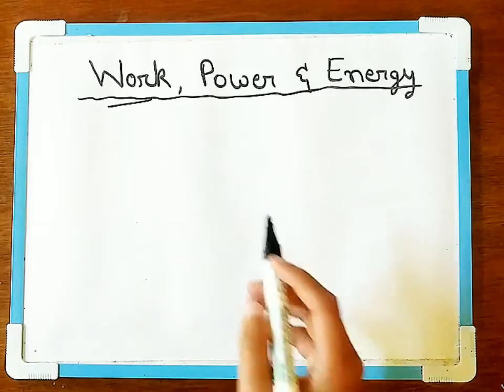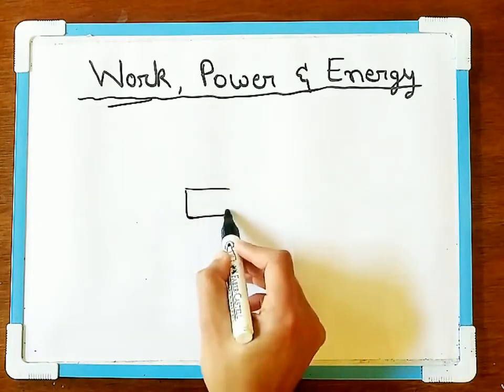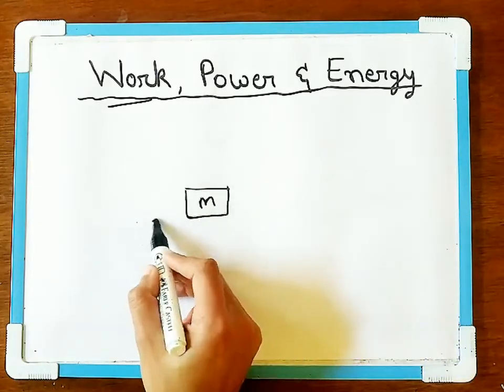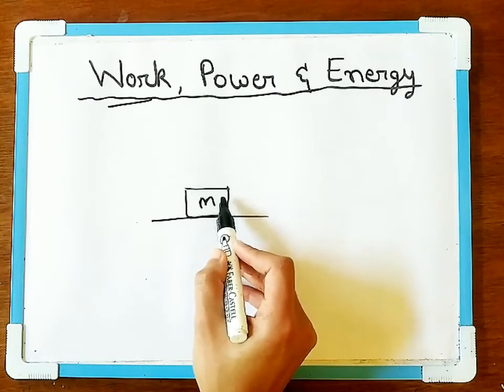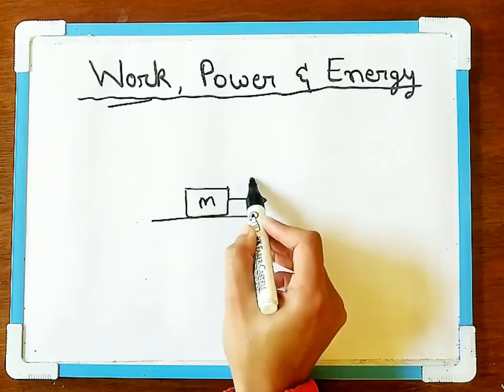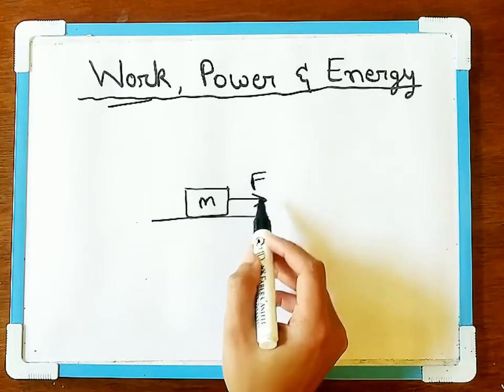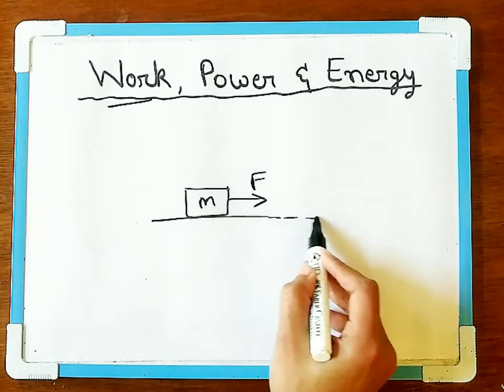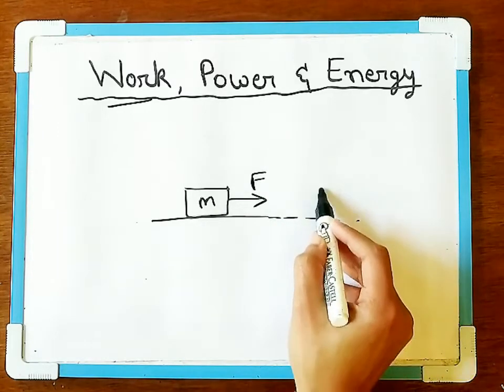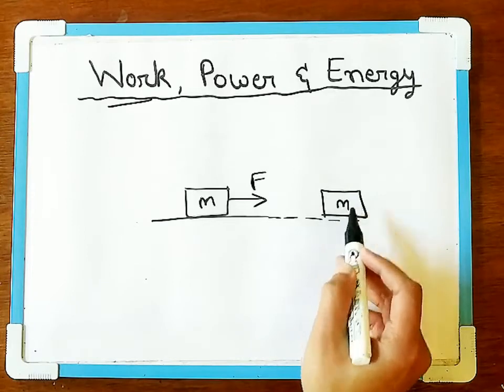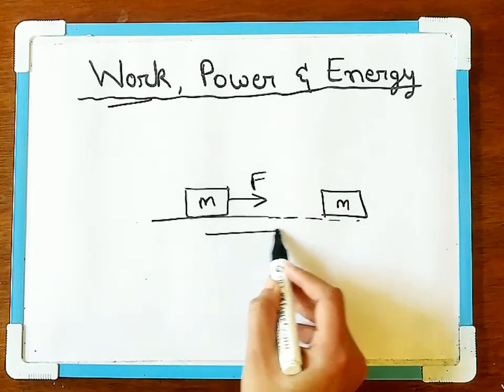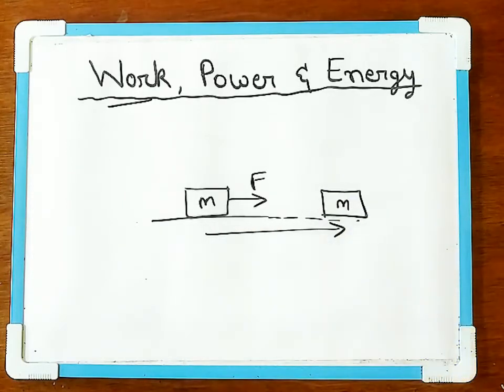So here, if we have an object of mass m, and if you apply a force in this direction, and this force displaces this object from this position to this position, then the work is said to be done.